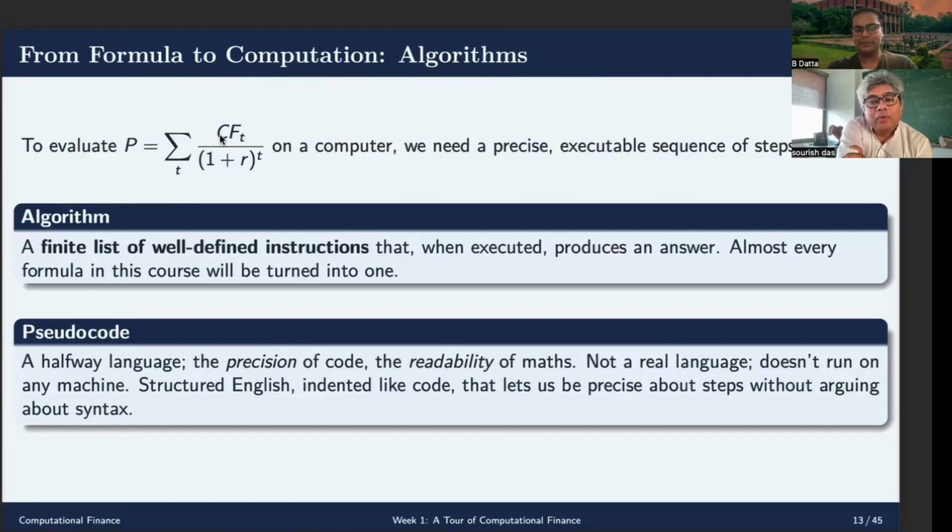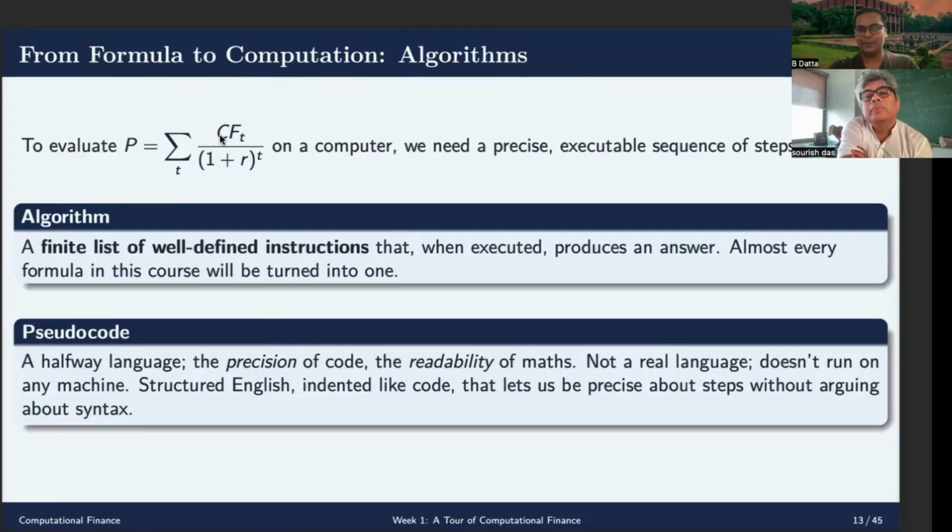Also, given that nowadays LLMs are so good at writing code, if you can give a very precise pseudocode, they are generally very good at writing the Python code or R code, so you don't have to worry about the syntactic errors and all these things.